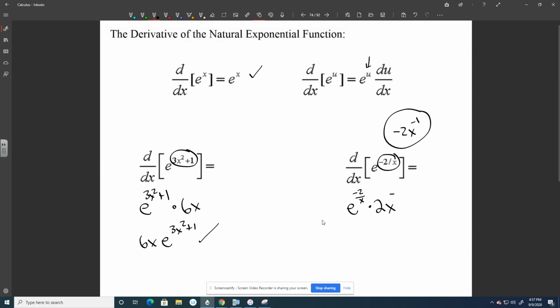And then I get x to the negative second power. Okay, which just becomes what? This x to the second power goes to the bottom. So I get e to the negative 2 over x, and my 2 is going to stay on top. And my x squared is going to go ahead and move to the bottom and become a positive. Okay, so that just becomes 2e to the negative 2 over x, divided by x squared.